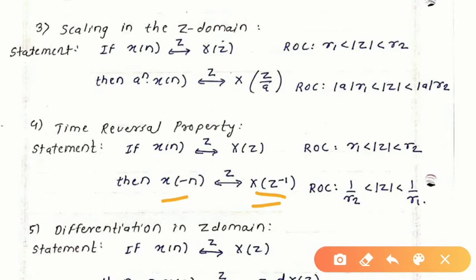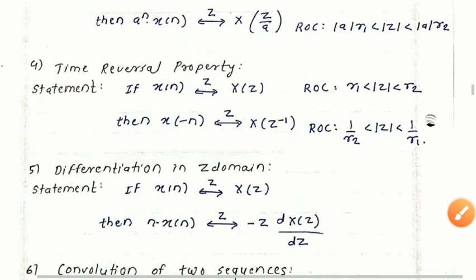ROC is nothing but region of convergence, and it is given by 1 upon R2 is less than mod of Z, which is less than 1 upon R1. So this is the time reversal property, which is also a simple one. You just have to remember that x of minus n has the Z transform x of z raised to minus 1.